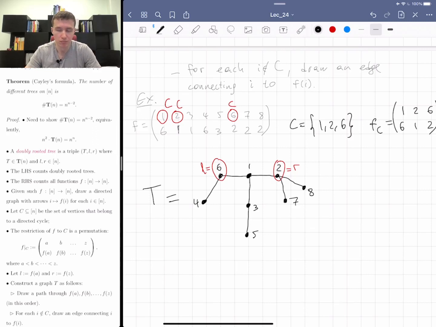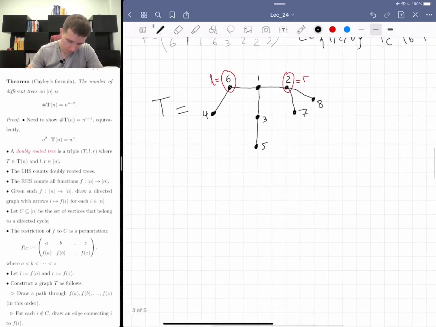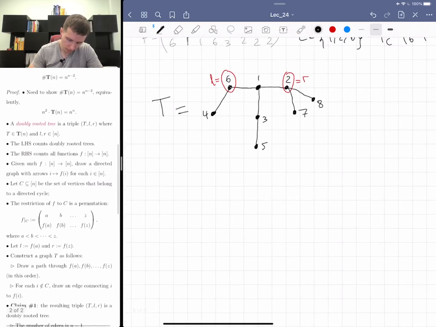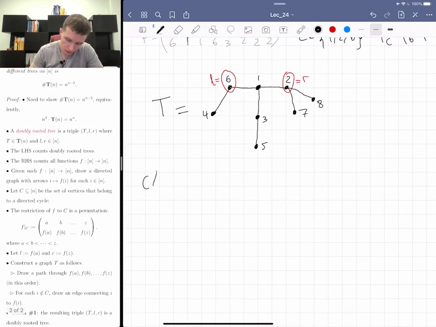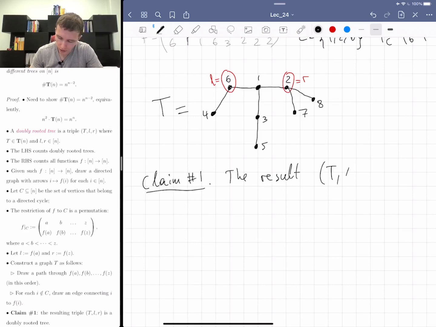Well, I have to prove a few things. I have to show that it's a tree, and I have to show that this is a bijection. So that's going to be 2 claims. Claim number 1 is that the resultant triple T, L, R is a doubly rooted tree.